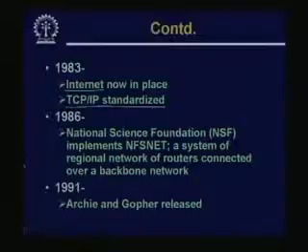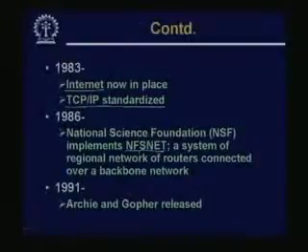Then in 1986, the National Science Foundation started another network, NFSNet. Now the objective of NFSNet was very simple: to create a very strong backbone network used to connect the regional networks. As you can see here, this NFSNet is a system of regional networks connected over a backbone network.